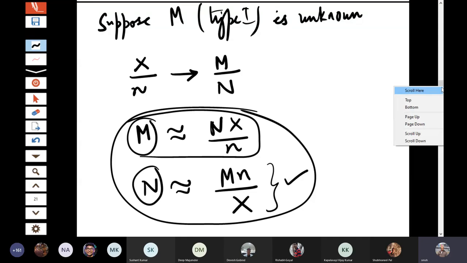So you should have your calculator with you, because you will have to convert the number. For example, you get a fraction, say 3 by 41. Then you have to convert that fraction to a decimal number. So you should keep your calculator with you. Second thing is that for the questions that will be given, you will not be able to navigate back.